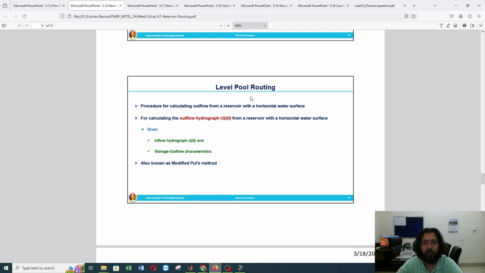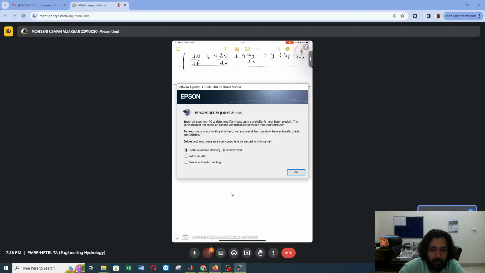Now let us talk about level pool routing. How does the level pool method work? We know that the level pool approach is used in order to calculate the hydrograph characteristics at the downstream, right? There are certain specified steps in order to derive the outflow hydrograph using the level pool technique.